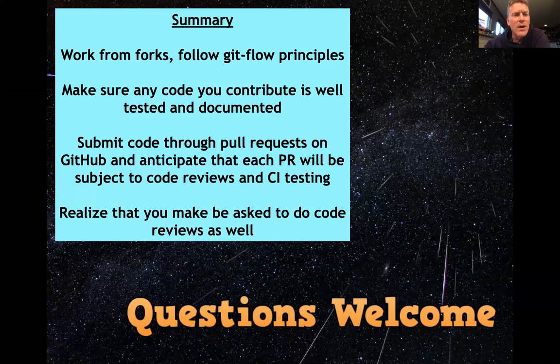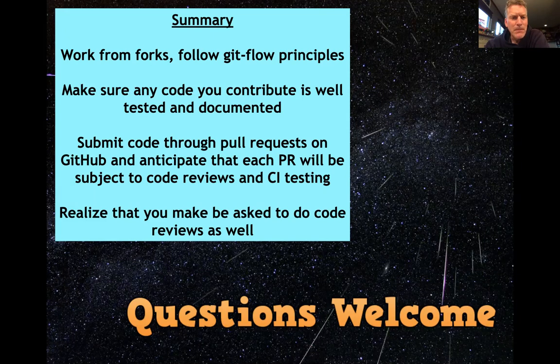So we'll follow this with an activity where you'll be doing many of the things we spoke about in this lecture, but just as a summary, for many of you external collaborators, you would work from forks, but whether you're working from forks externally or accessing our internal repositories, either way, you're asked to follow the Git flow principles, in particular the branch naming conventions, and make sure any code you contribute is well tested and documented.